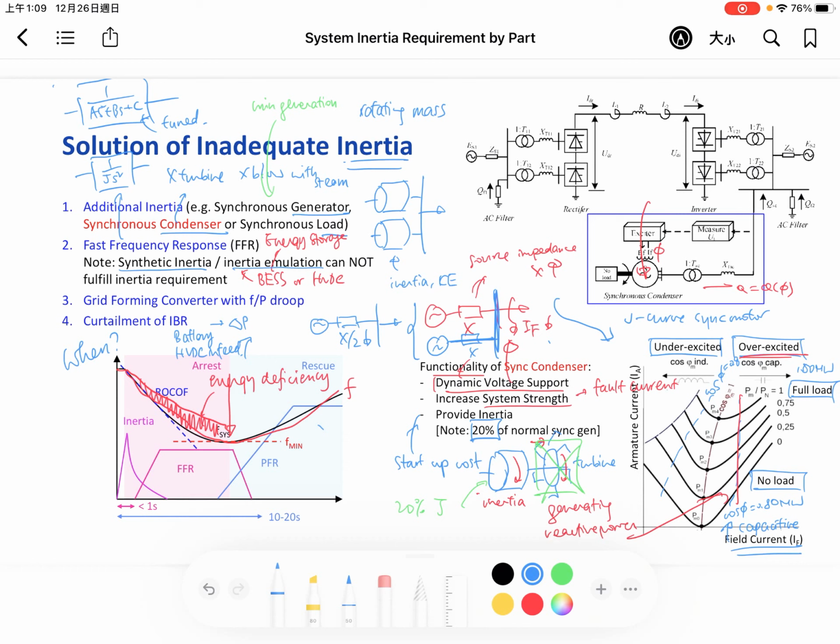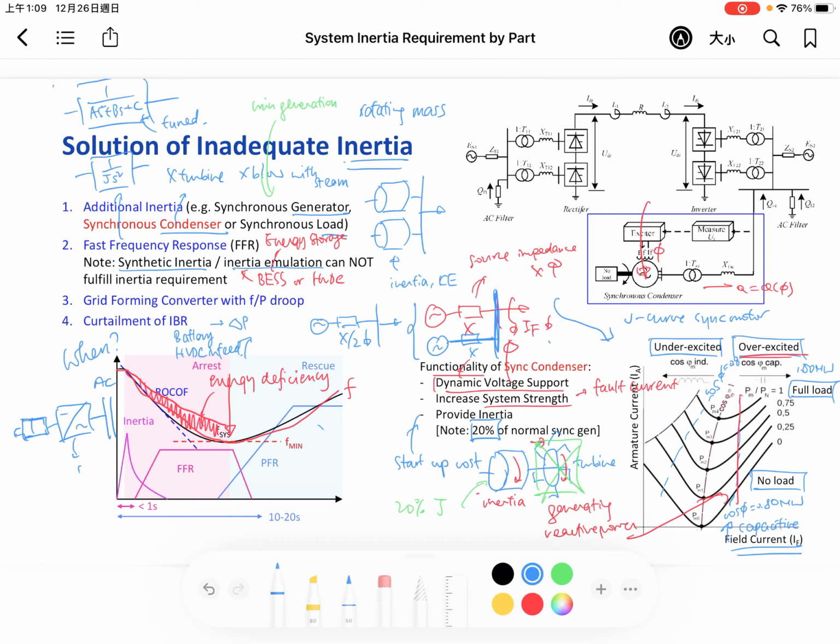But again, I must emphasize that a battery system will have its problem. Just imagine there is a battery connected to the AC system.